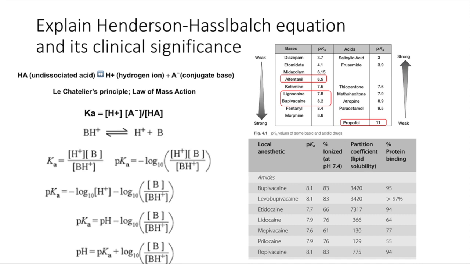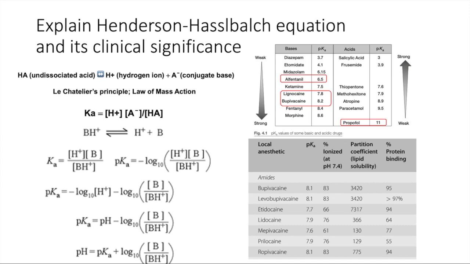The pKa of lidocaine is 7.9, while it is 8.1 for bupivacaine. Therefore, when local anesthetics, which are weak bases, are introduced to our physiological pH of 7.4, which is below their pKa, they are only partially unionized.